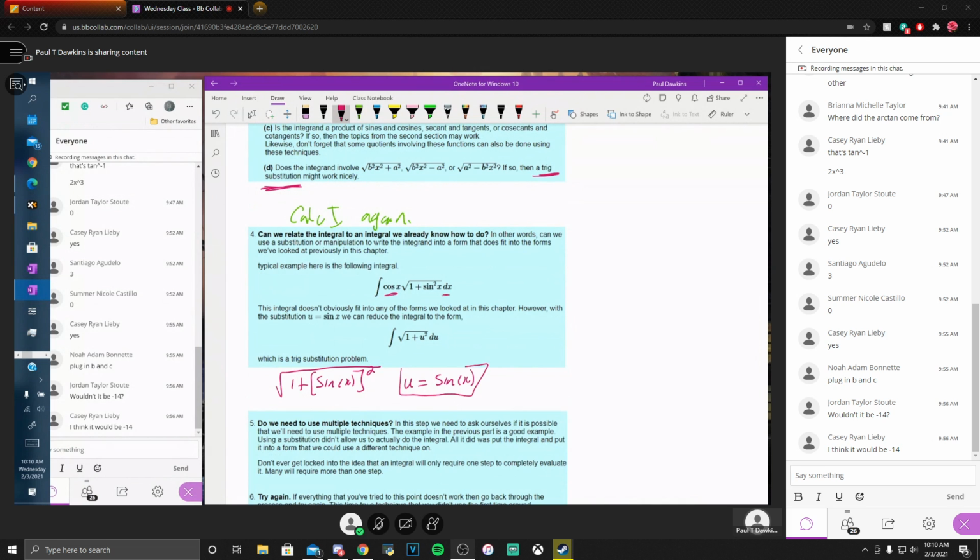So with a Calc 1 substitution, I can take a problem that looks really unpleasant, and I mean really unpleasant looking, and I can turn it into what's actually a really simple trig substitution. Way simpler than any of them I did in class. So watch your Calc 1, folks. There is a trig sub problem that requires this.